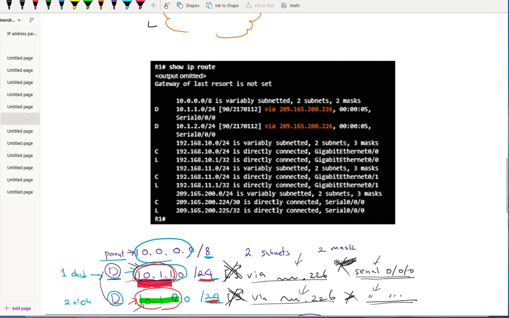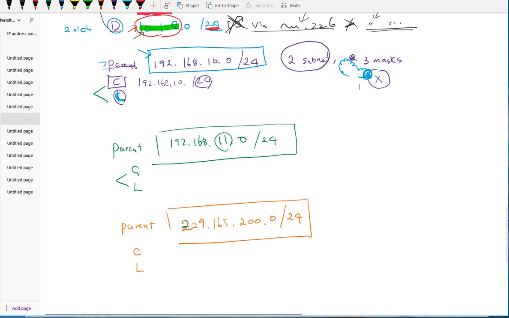L means 192.168.10.1, right? Which is the IP address of this gateway, this interface. And that is /32. So at this point, don't worry too much about 24 and 32. This is about subnetting, okay?